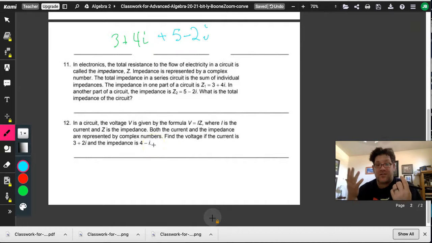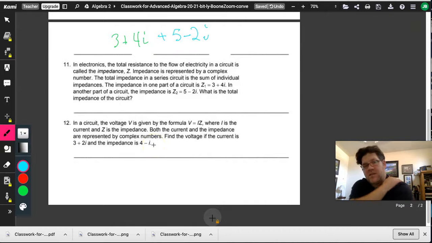So I just add those together. Remember, when you're adding imaginary and complex numbers, you treat it like variables, so you're just adding like terms. I have a 3 and a 5, so that's going to give me an 8. A positive 4 and a negative 2 gives me a positive 2i. Done.